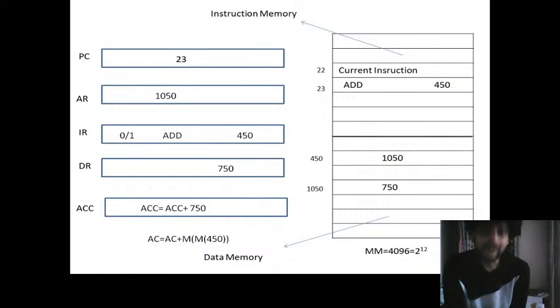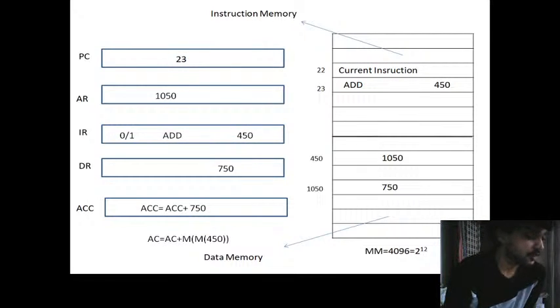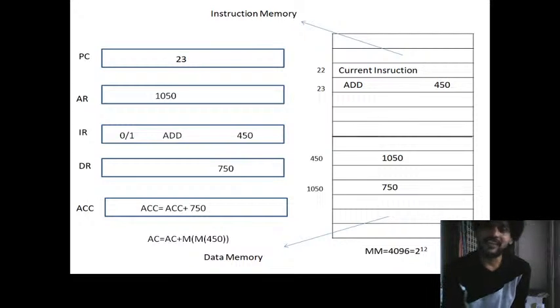The control unit will take the subsequent steps to perform the operation. Since 750 is not an address, why would it be sent back to the address register? No need, right? Good. This is how an instruction is going to get executed.